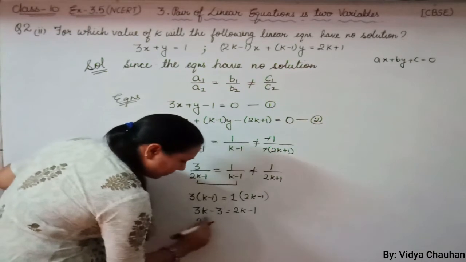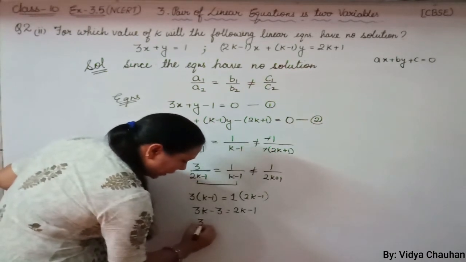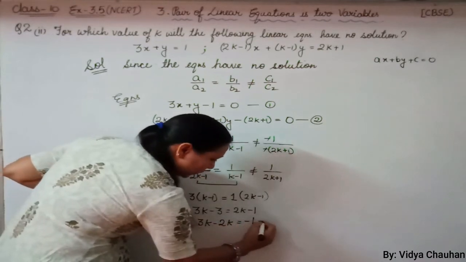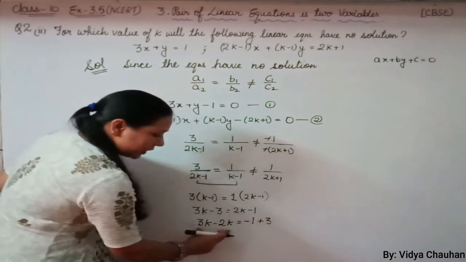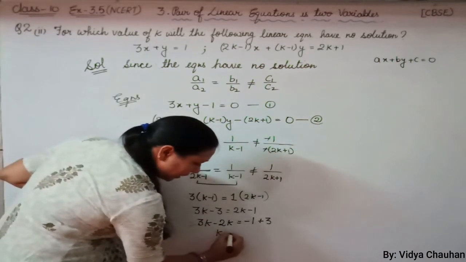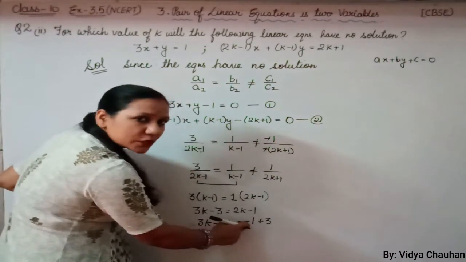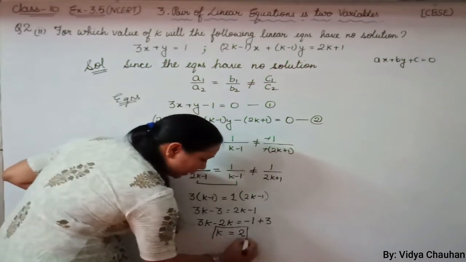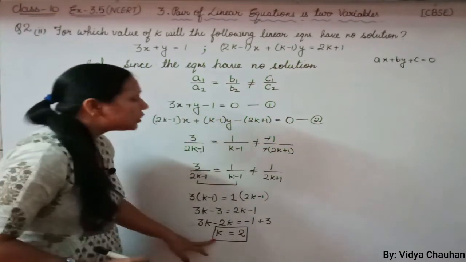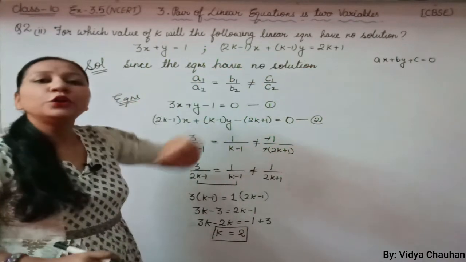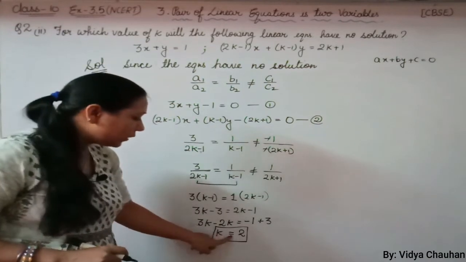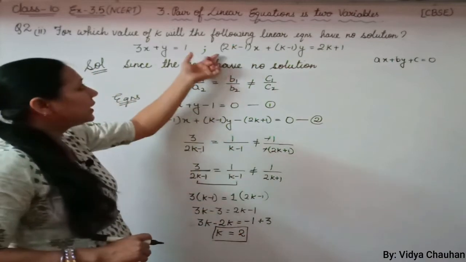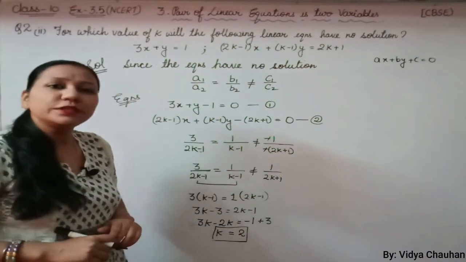So it will become 3k minus 2k equals minus 1 plus 3. What is 3k minus 2k? It is k equals minus 1 plus 3. The answer is 2. So this is the value of k for which our equations will have no solution. So for k equals 2, the given equations have no solution.